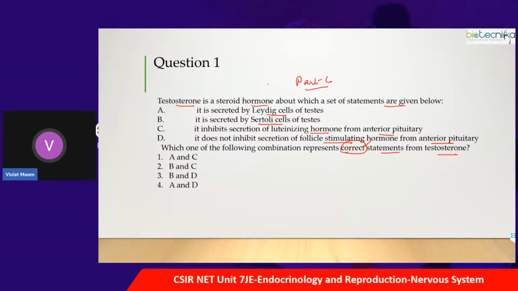I'm sure you all might have started preparing for the upcoming exams. So this question you all can try and tell me. It's not very difficult. It is simple, just that it looks big because certain statements are written.